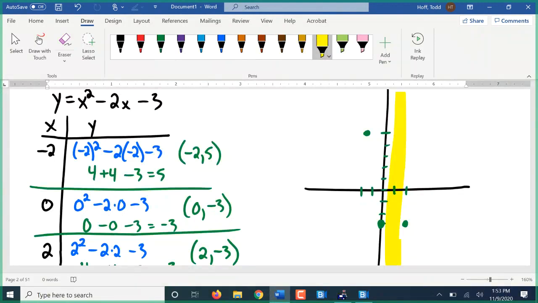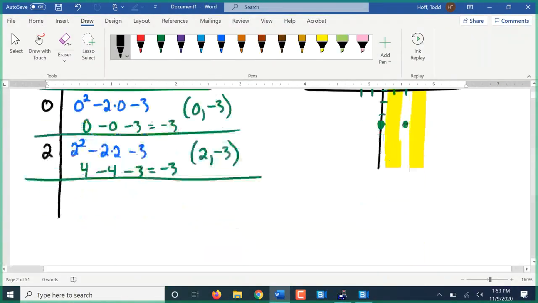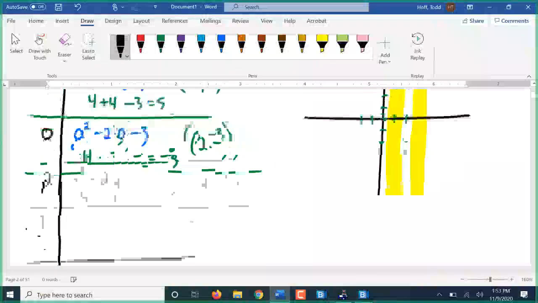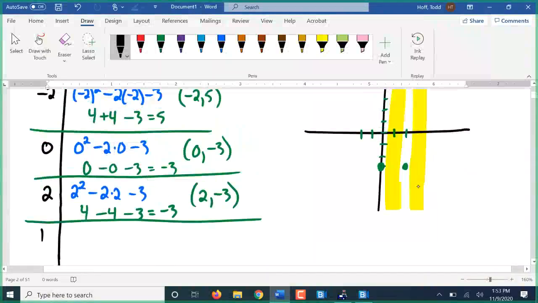Looks like that's going to be at x equals 1. I need some more information over here, probably like x equals 3. So I'm going to try x equals 1 and x equals 3 and see what I get for further information.